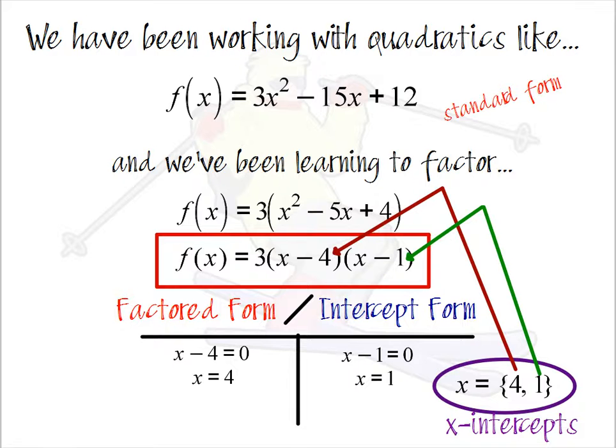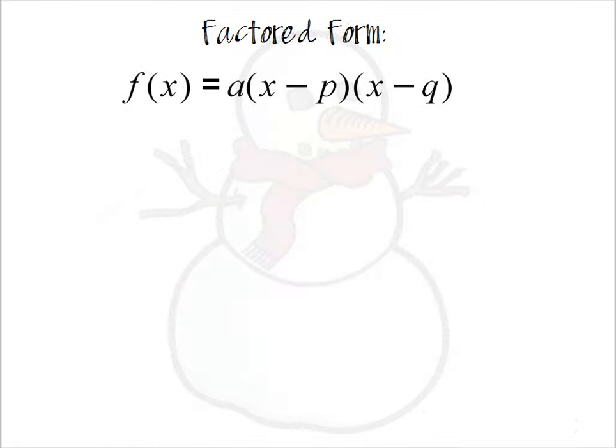So let's take that and write it in general terms. This is the official format for factored form. F of x, remember it doesn't always have to be f of x. We can have g of x, h of t, whatever we need this to be, equals a times (x minus p) times (x minus q).